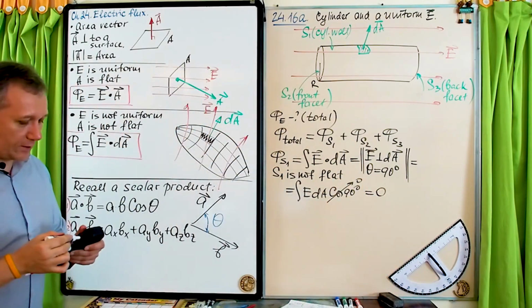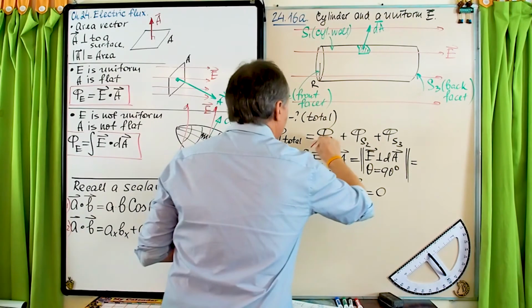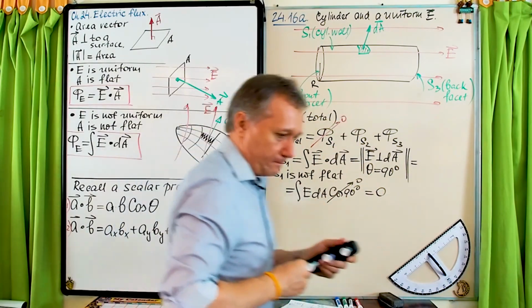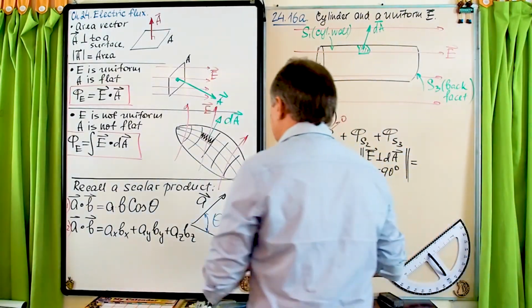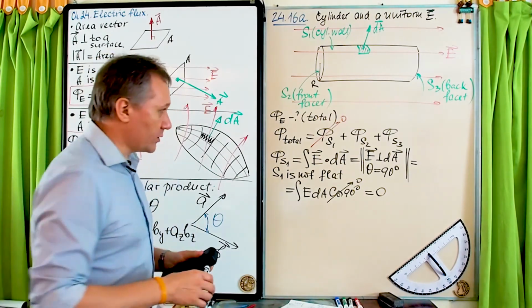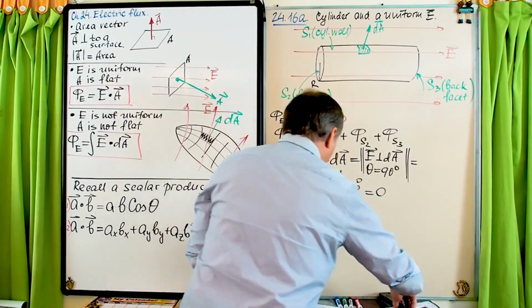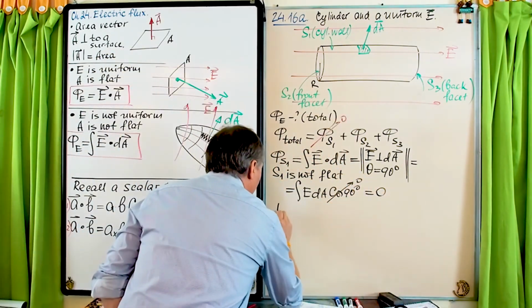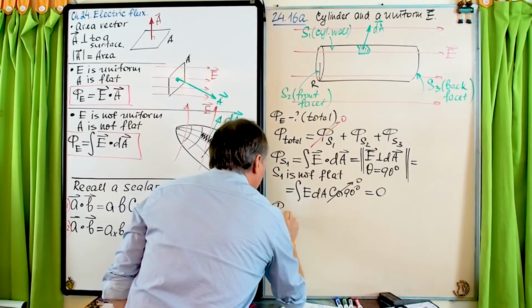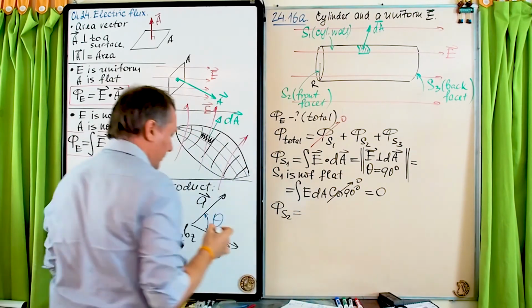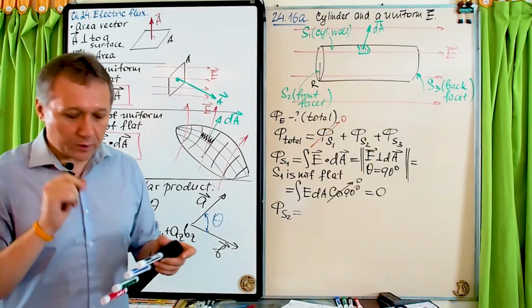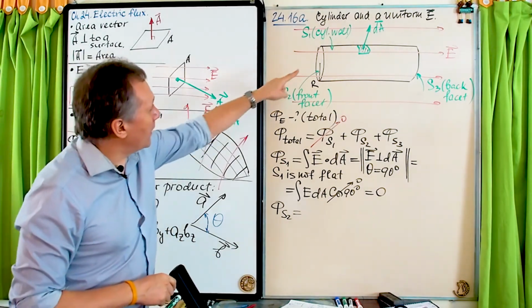So the first integral is 0. The other two are basically our previous cases. Those should be simple. Let me quickly write it down. Now, those two flat surfaces, S2 and S3: look, what's the direction of the area vector?